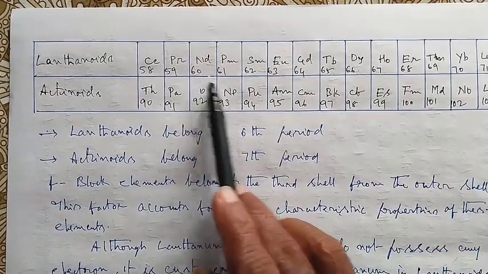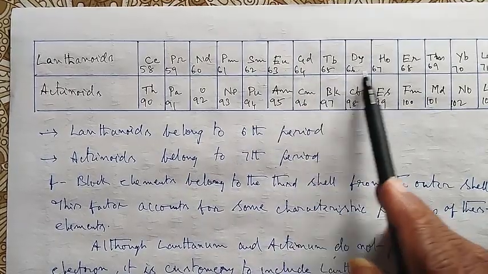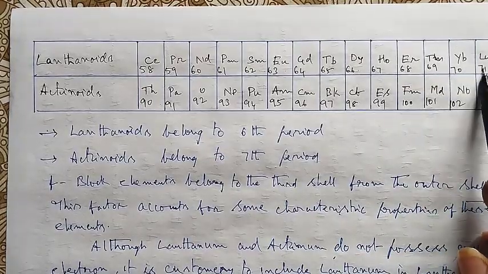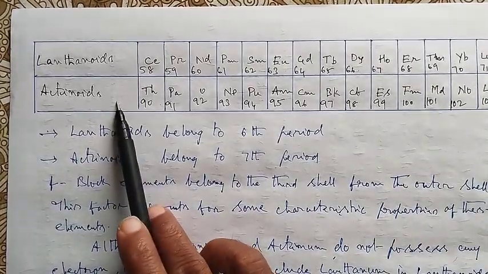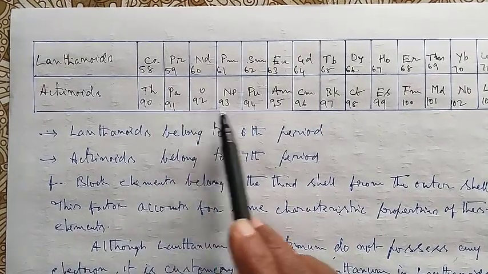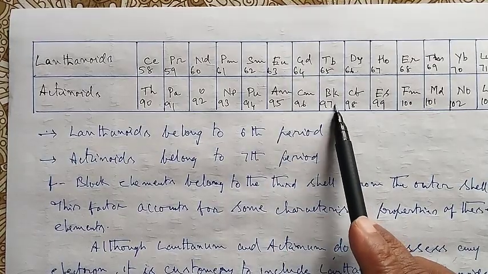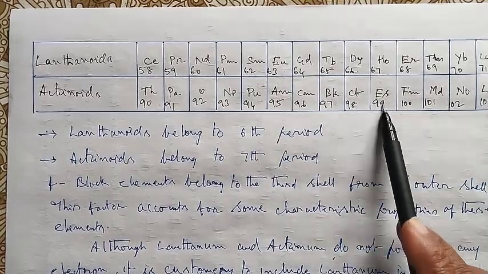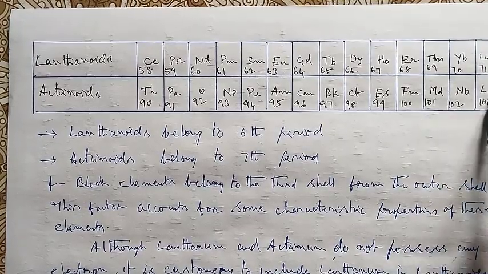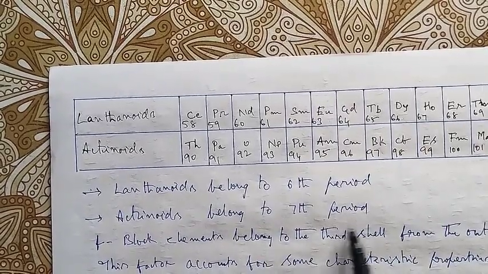And actinoids start with actinium, 89, thorium, protactinium, uranium, neptunium, plutonium, americium, curium, berkelium, californium, einsteinium, fermium, mendelevium, nobelium and lawrencium. Lanthanides belong to the 6th period, whereas actinoids belong to the 7th period.